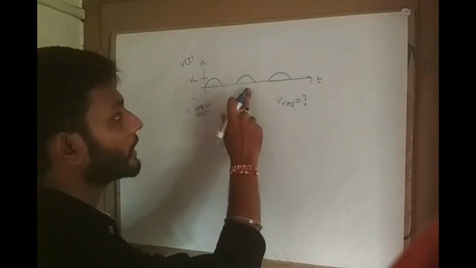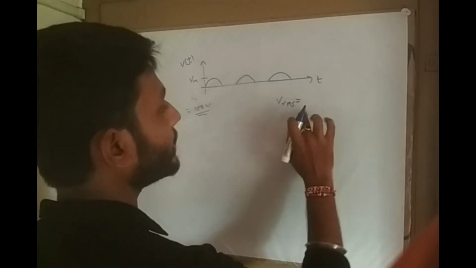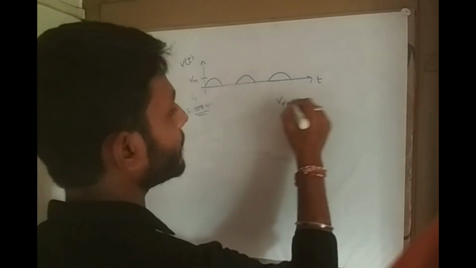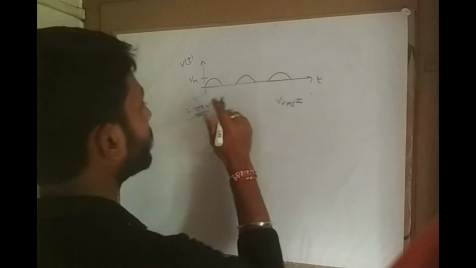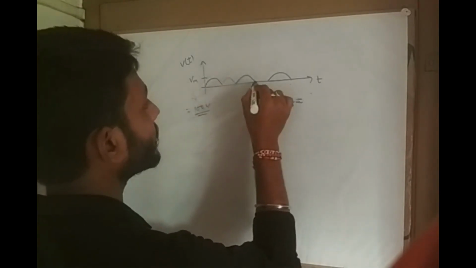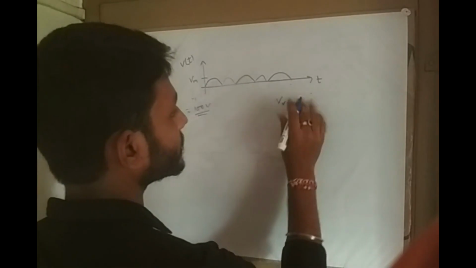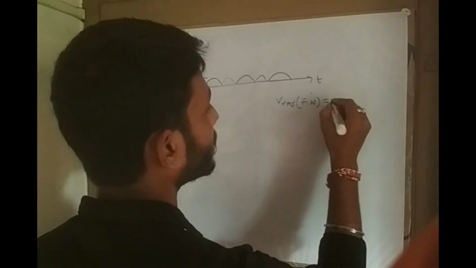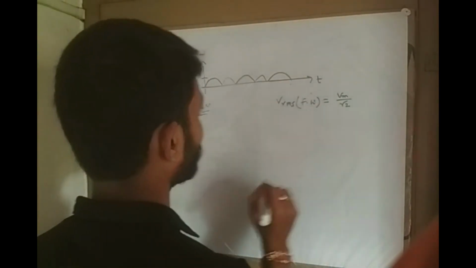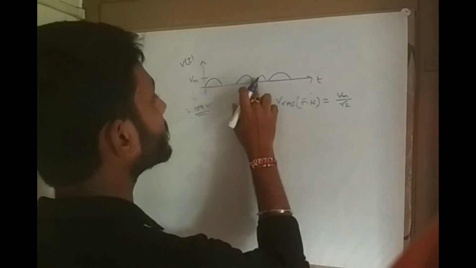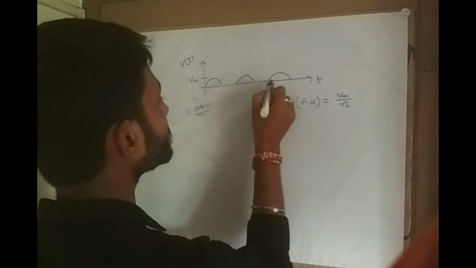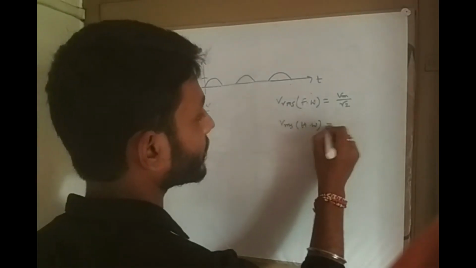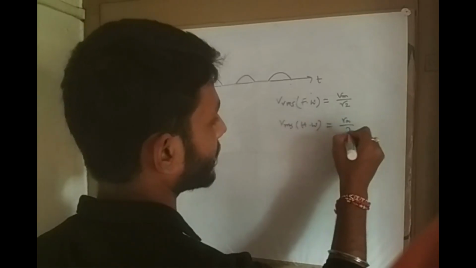And we have seen from the shortcut methods, if we directly put the value, Vrms for full wave rectifier output voltage was Vm by root 2, and for half wave, Vrms will be Vm divided by 2.